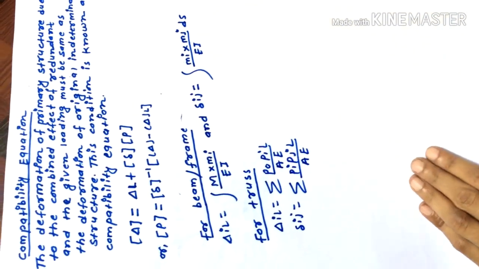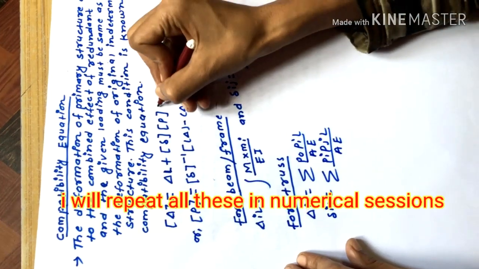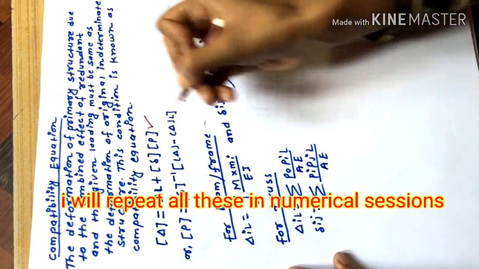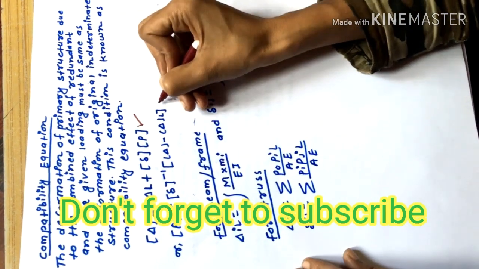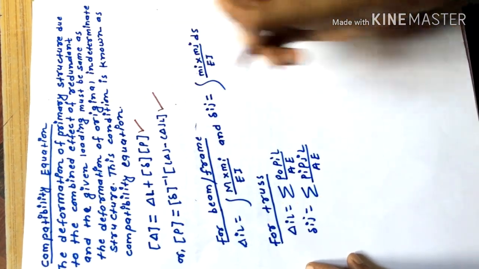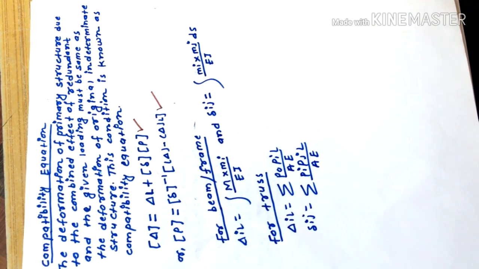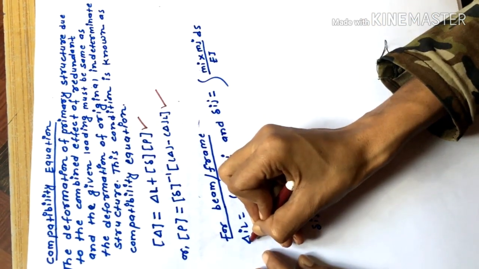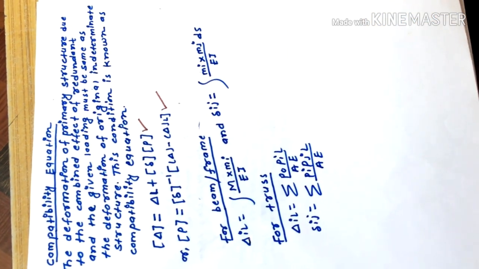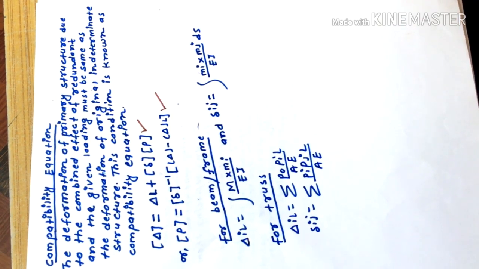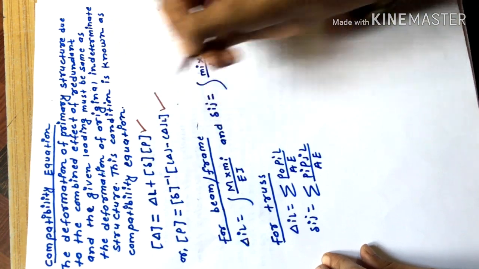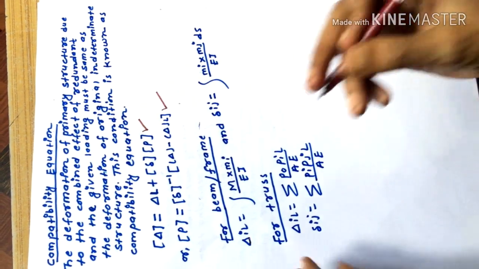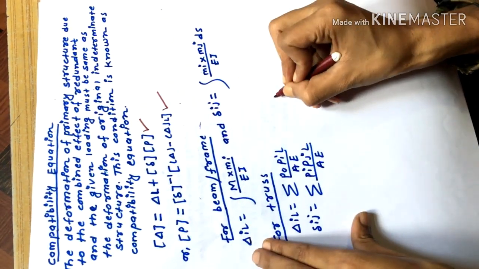And let me show you, the compatibility equation is given by this formula. And also if you want to calculate P, then P will be calculated by this formula. For a beam we use deflection. We use this equation.